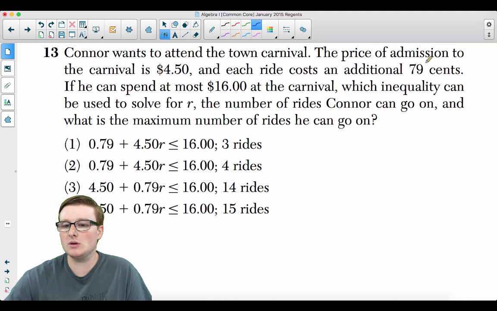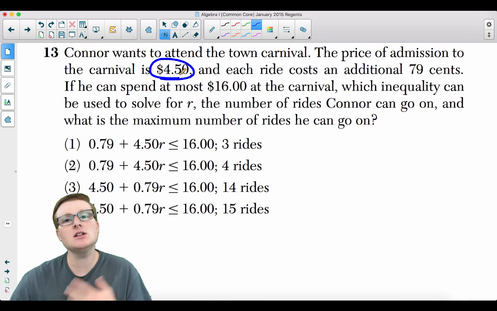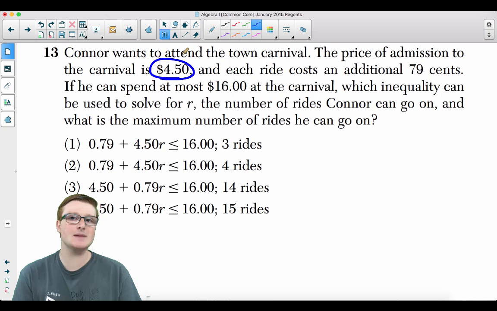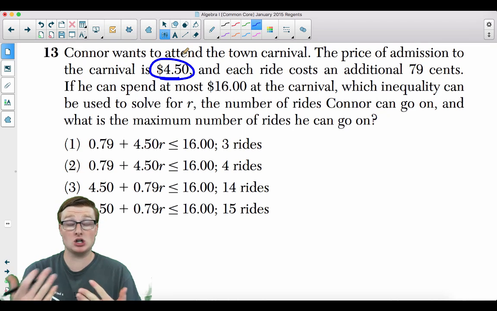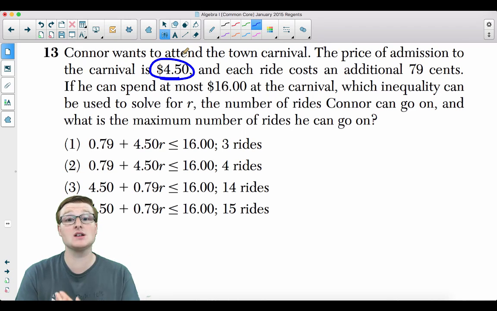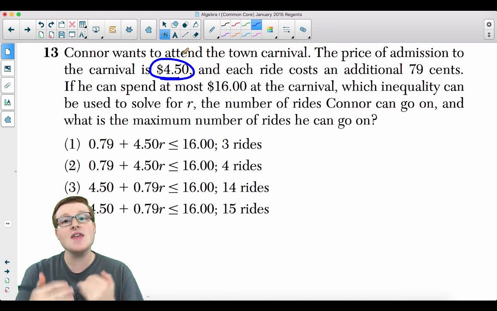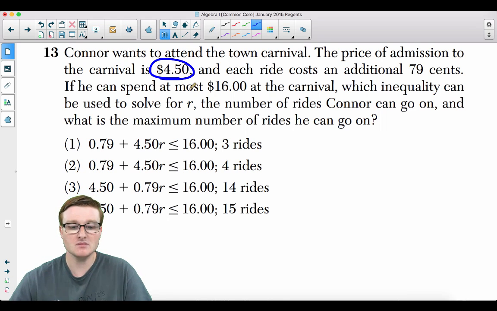Here's what's going on. The admission price is $4.50. When you go up to the ticket booth, the ticket person says, I need $4.50 from you. So you give them $4.50, and that's your price to get into the park. So if you look at your answer choices, $4.50 should be alone.